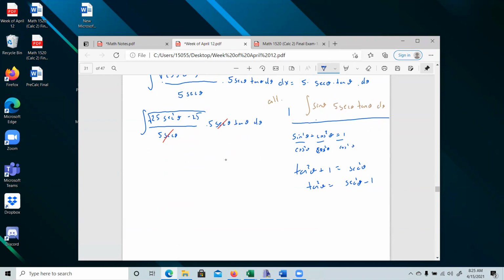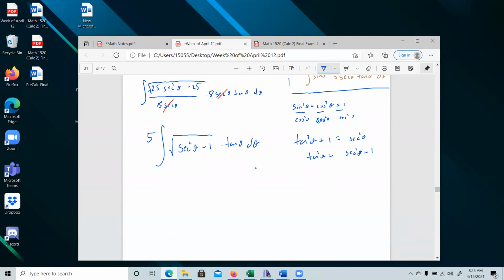So we got 25, so let's go ahead and move that out. Remember, this 5 got canceled. All right, we have the integral, that secant got canceled. So we have the square root of secant squared theta minus 1. Where have I seen that before? Secant squared theta minus 1, that's tangent squared.